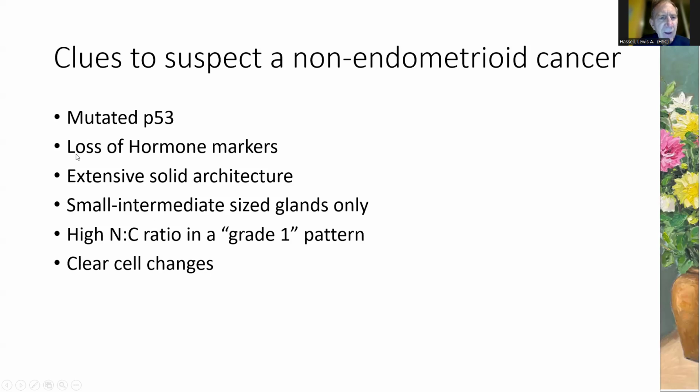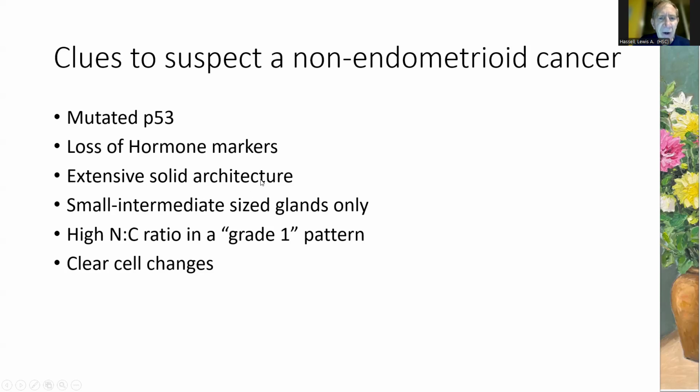Either of these would also be associated with a loss of hormone markers. So that's a good reason to be doing hormone markers fairly routinely because it can help you to avoid this pitfall. Of course, the other atypical variants are undifferentiated or dedifferentiated carcinoma.